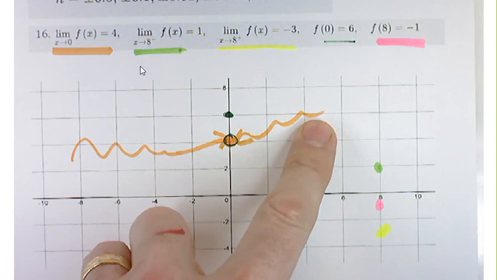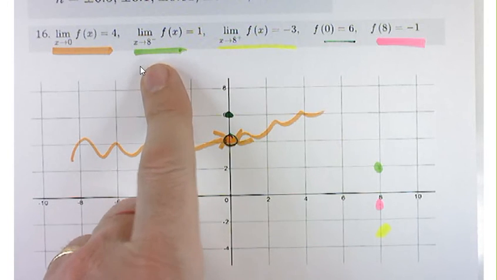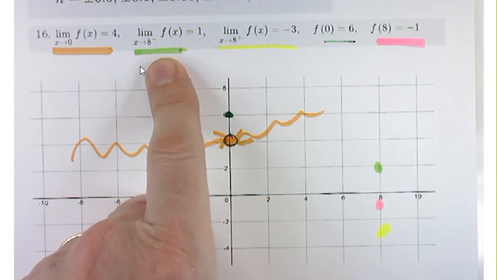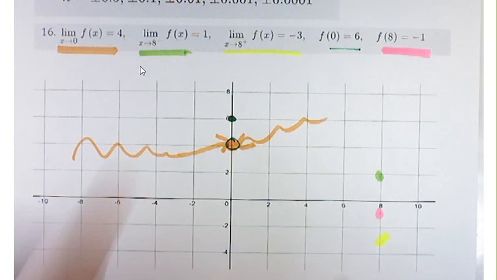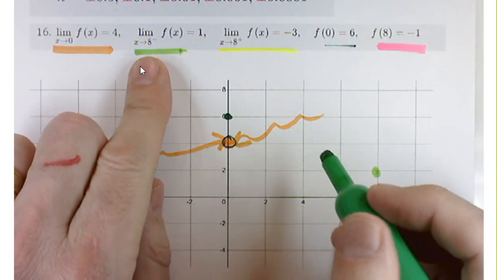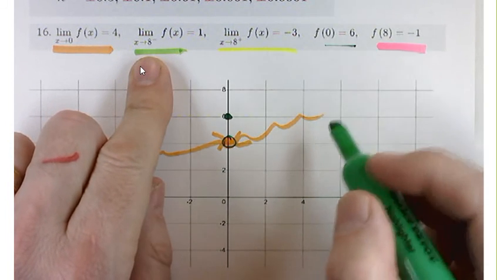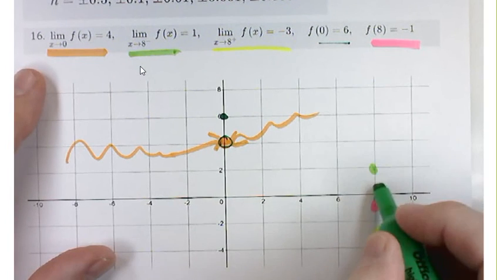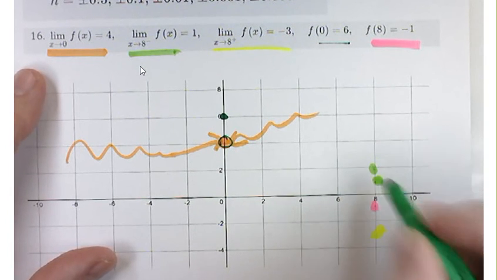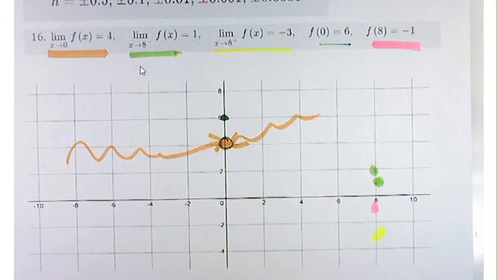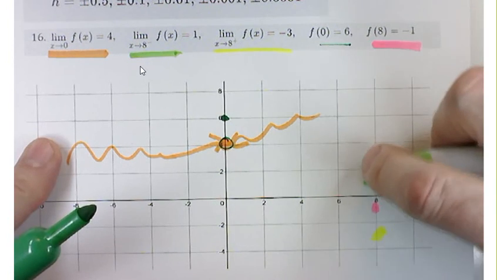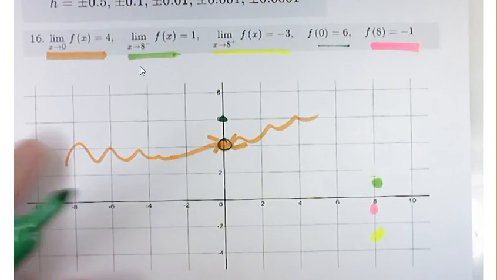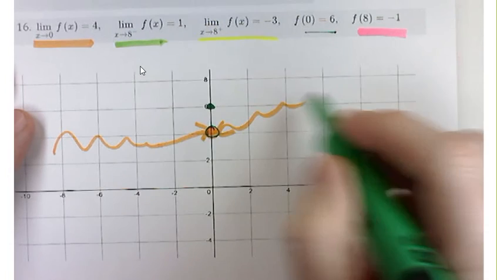Where should I take this function next? Well, this is telling me where I have to take it. The limit as x approaches 8 from the left of f of x is 1. So I think I screwed up here. That should be down a little bit farther. So let's just apply a little Photoshop here. There you go. Never happened.